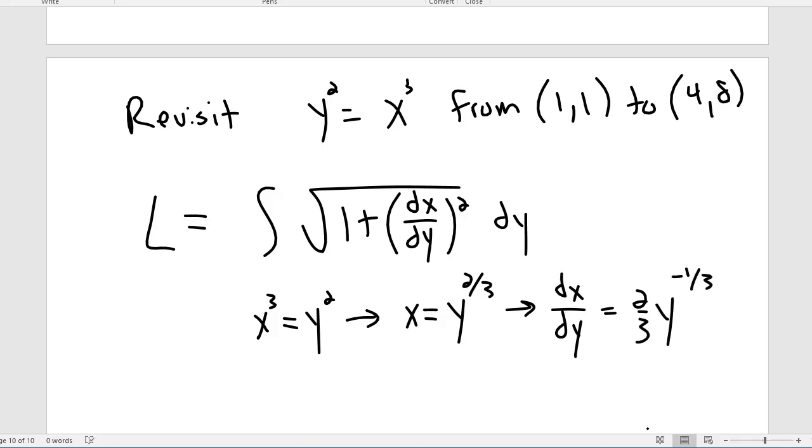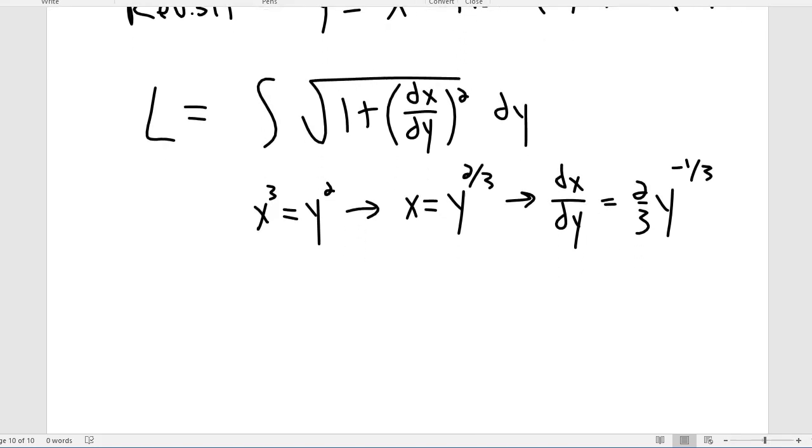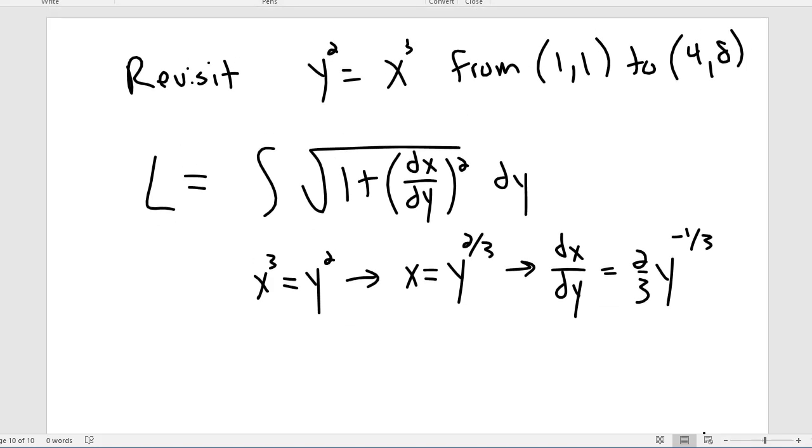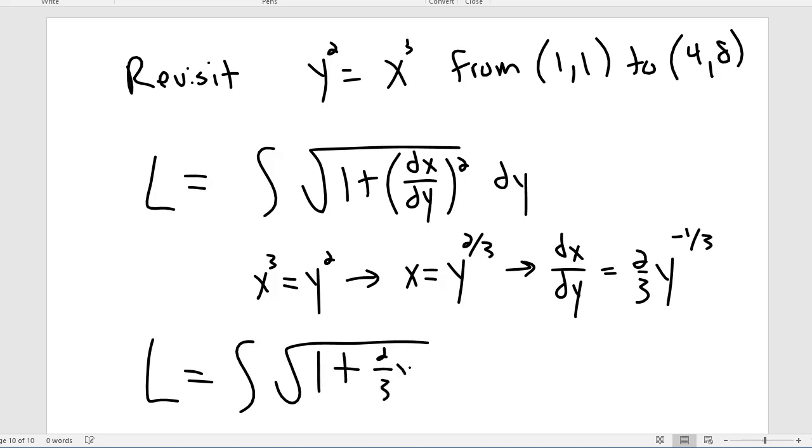So bring the 2/3 down, and then 2/3 minus 1, 2/3 minus 3/3, is negative 1/3. So there's my dx/dy. Now I'm going to plug into my integral, and what do we get? We get the length being the integral of the square root of 1 plus, now my dx/dy is 2/3 y to the minus 1/3, and I have to square that derivative.